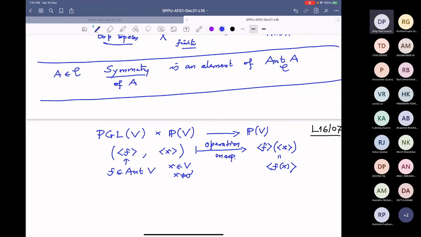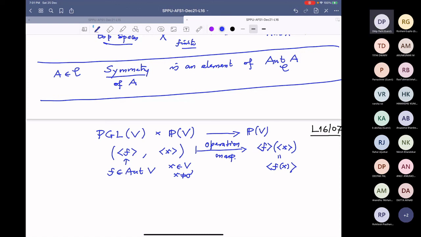And next time I want to digress a little bit about how it is connected to the Mobius transformations. And then the next thing I will analyze is whether this operation is transitive or not, and more than transitive, whether it is doubly transitive or triply transitive. And this is what will help me to determine the structure of PSL(V).